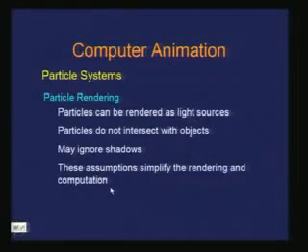That may be an easier thing to compute, but you may not have particle to particle shadows. That means self shadows, right? So these are assumptions just to simplify the process of rendering of these particles, just because the number which we use for particle systems is huge, right? Thousands and sometimes millions of particles.